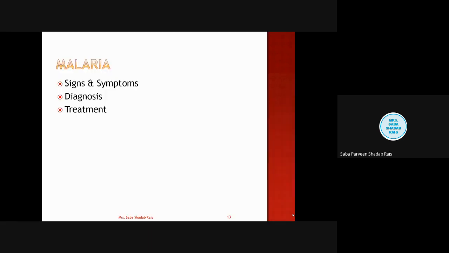Now we all know that malaria is a mosquito borne infection. Which mosquito is involved? We all know it is the female Anopheles mosquito.